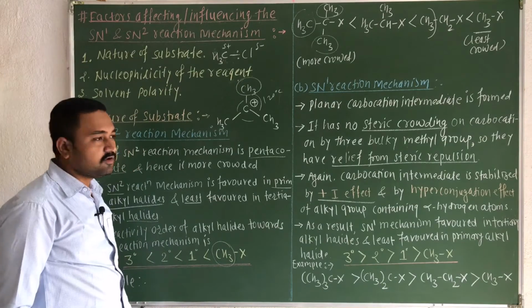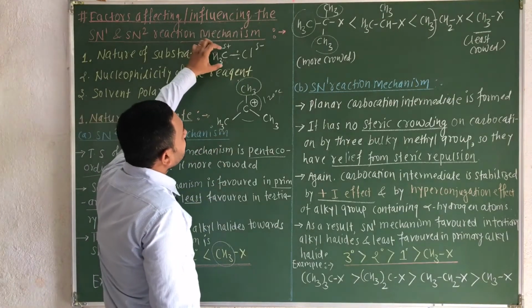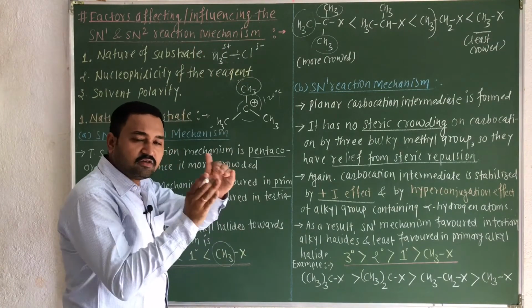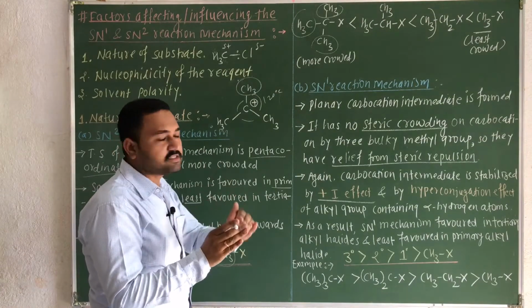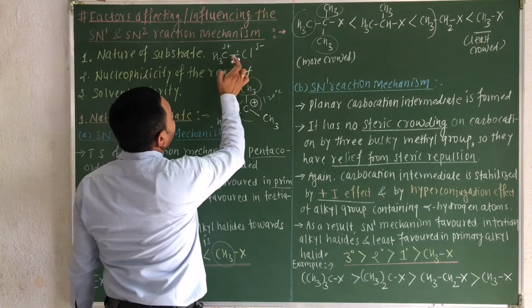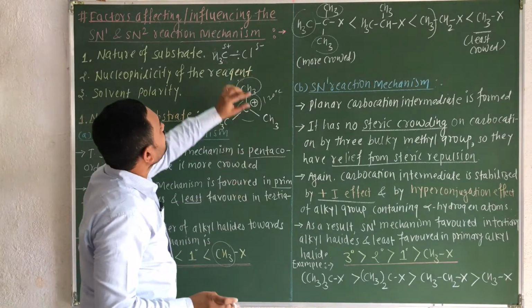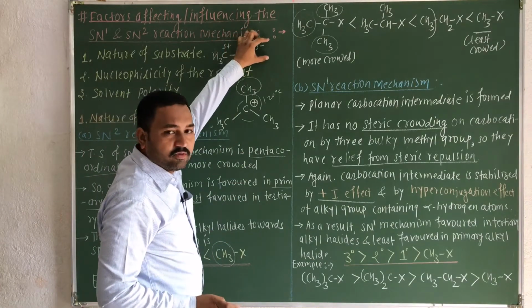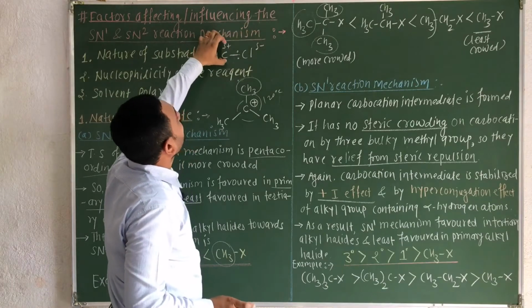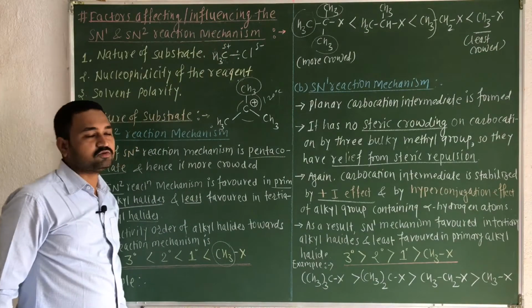So we will consider the inductive effect in very short. Just keep this in your mind: the bonding pair between carbon and chlorine is slightly shifted towards chlorine, and chlorine will bear a negative charge while the carbon will bear a positive charge.